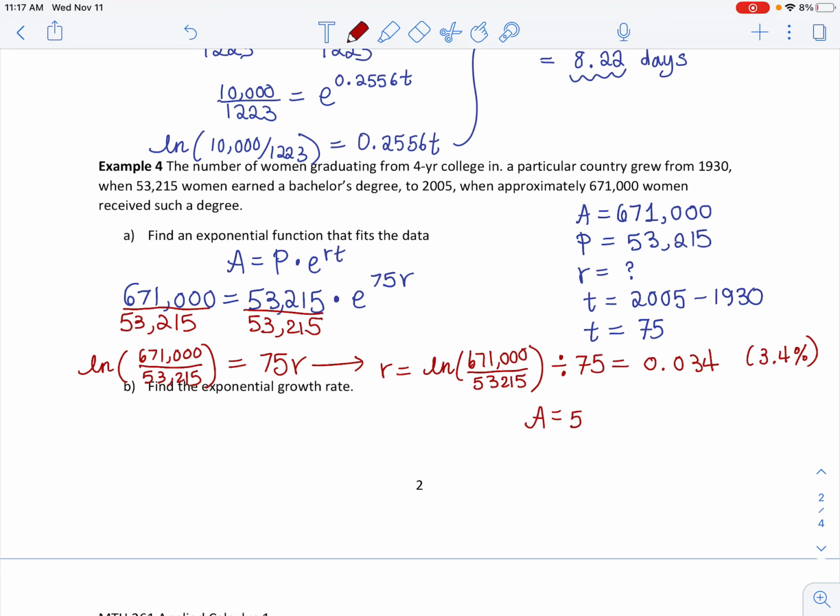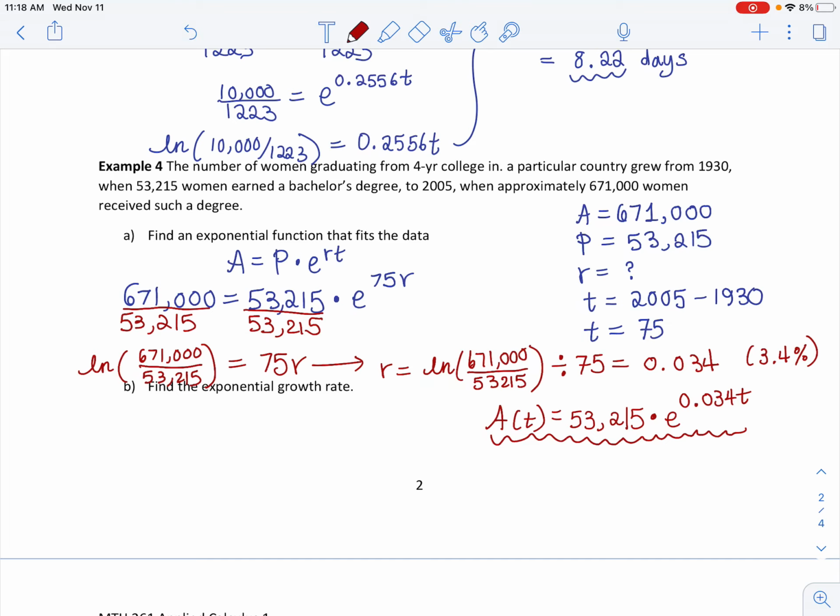All right, here's the equation then. A equals 53,215 times e raised to the 0.034t. This is the function that will help us. And you know what? Instead of just calling it A, let's call it A of t. Or I could have called it W of t for women. But that is the function. That's the exponential function that fits the data.